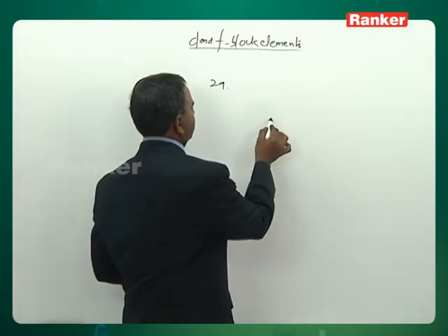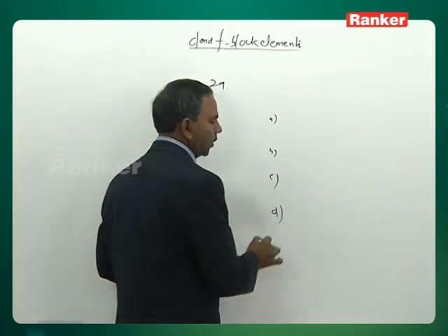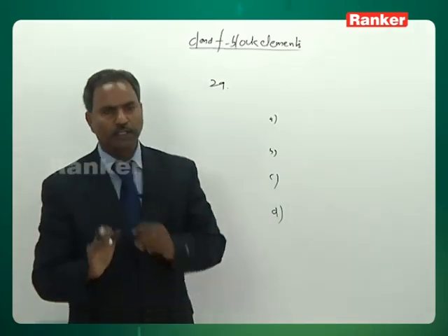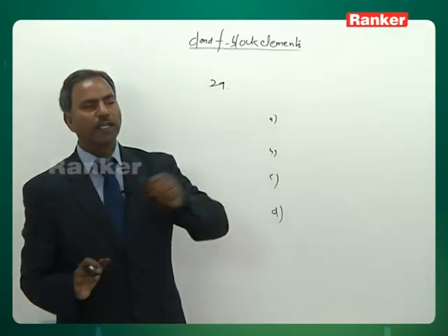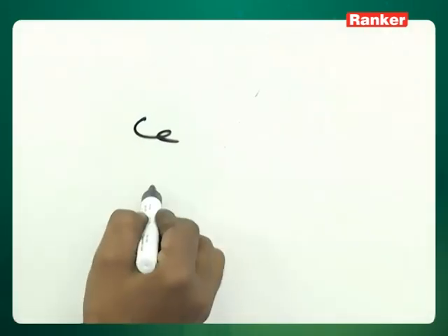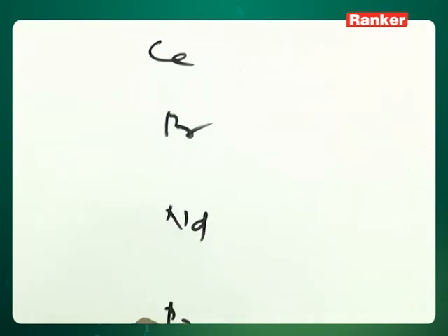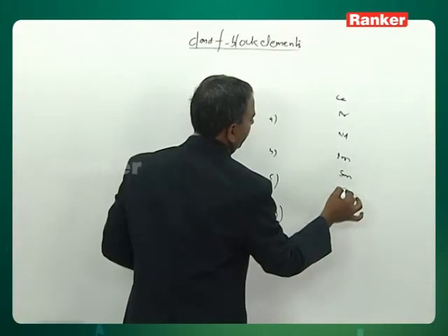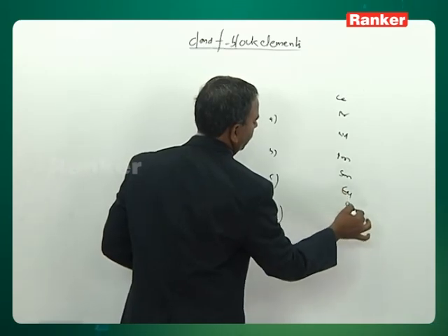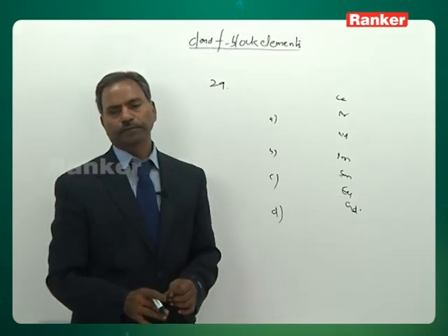Let us take first A, B, C, D. Don't look at the answers. First make out your answer. You have to make a table here, otherwise it is difficult. Cerium, praseodymium, neodymium, promethium, samarium, europium, gadolinium. First write the first 7 elements of lanthanides.